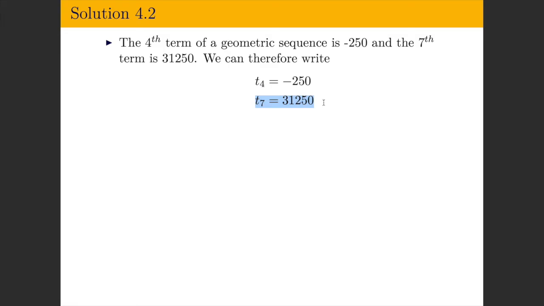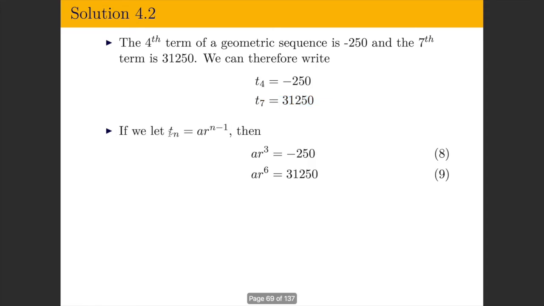Again, we label Tn is equal to Ar to the n minus 1. We replace T4 with Ar cubed, and T7 with Ar to the 6, in these two equations. This gives us equation 8 and equation 9.